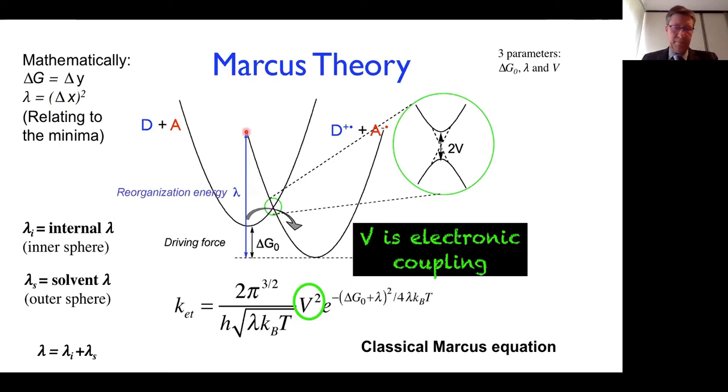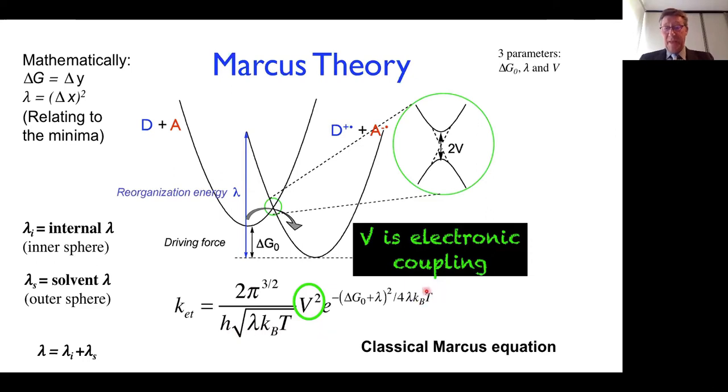If we look at the pre-exponential factor of this equation, this is the rate of the electron transfer, then it contains this lambda and this electronic coupling. For the rest, it's basically just constants. So we find the Boltzmann constant, the temperature, pi, and h, Planck's constant.